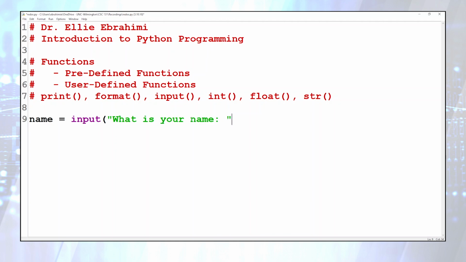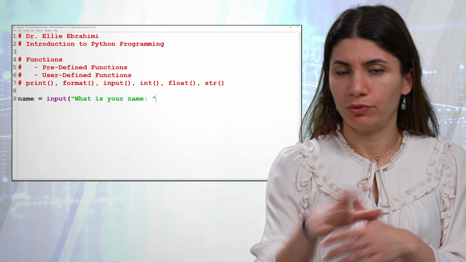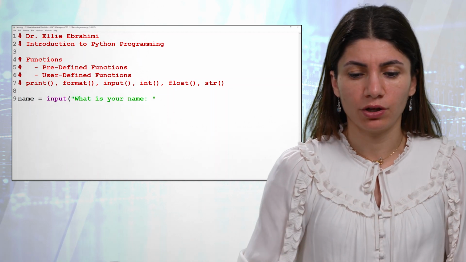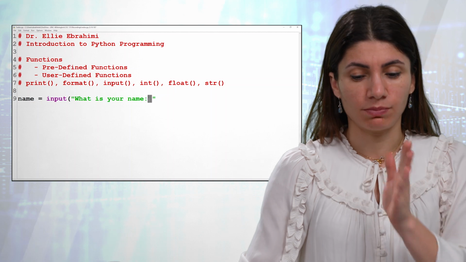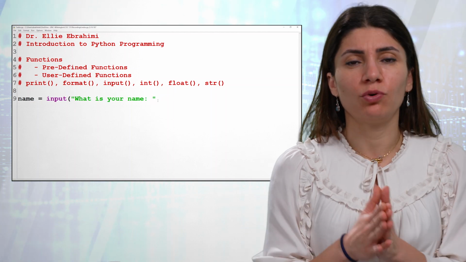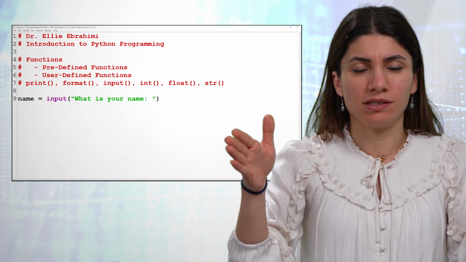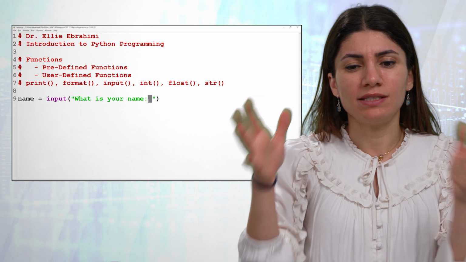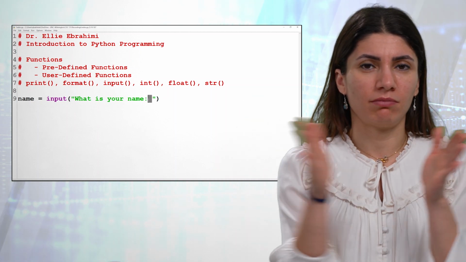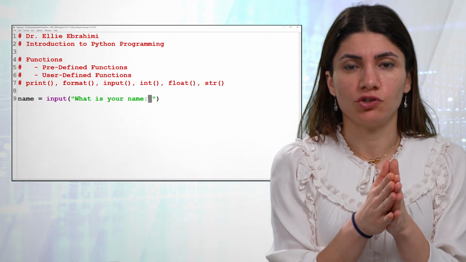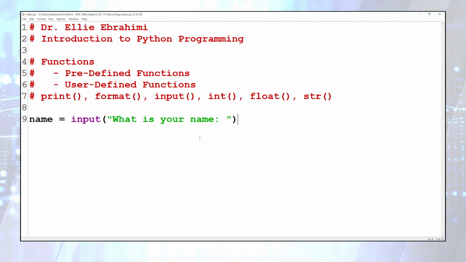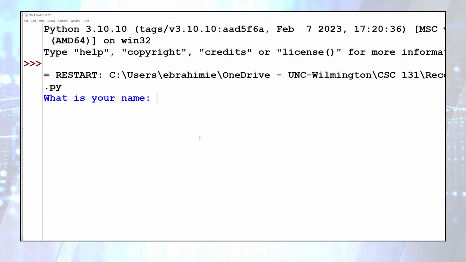As you see, I have my text, the question mark at the end, and then before I close it, I have one blank space there. That is just for the sake of spacing, so it's easier for users to see, and the information is not glued to the message that you're showing. It can show you both ways, so you can see the difference between the two.